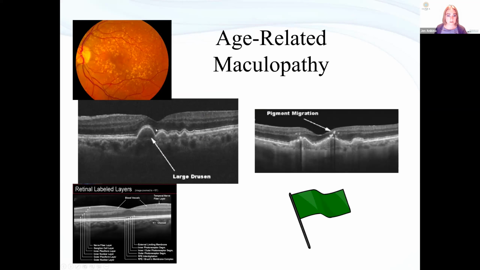They can look a bit grotty, but there's no gap between them and the layers underneath. And there are also no fluid-filled cysts within the retina. Therefore, it's dry. All these pigment epithelial detachments, all these drusen and lumps and bumps, that's pigment migration, not wet macula. So we usually don't need to see this.